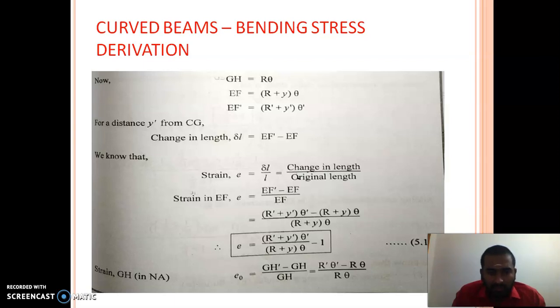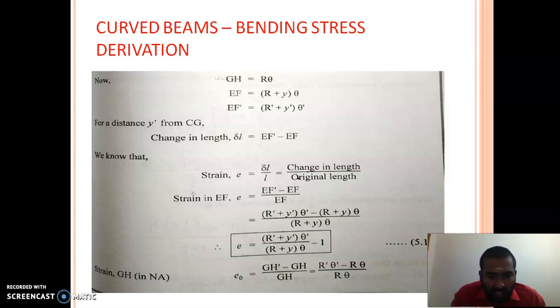After you substitute the terms we have derived earlier, R dash plus Y dash into theta dash minus R plus Y theta. If you simplify it, it will be very simple. In the second term, R plus Y theta divided by R plus Y theta becomes 1, and the first term stays like that. So strain in EF is nothing but R dash plus Y dash into theta dash divided by R plus Y into theta, minus 1.